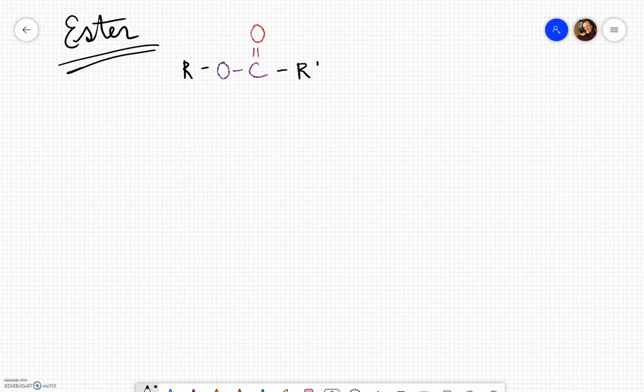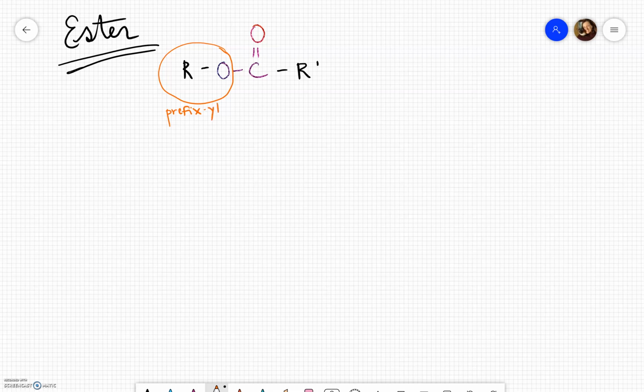Okay, esters have the general form that is shown there, RO, C double bond O, and R prime, where the R's could be the same or different. The R that is attached to the oxygen that's in the main chain is going to have the prefix based off of the number, followed by a YL.